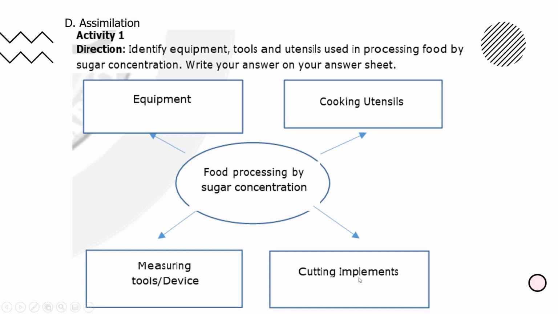It is considered as cutting implements. Kapag ka naman, basta may word na cutting implements. And kapag yung cooking tools, ito yung mga normal na cooking tools. So, I know, alam nyo na yan. At easy lang yun sa inyo.